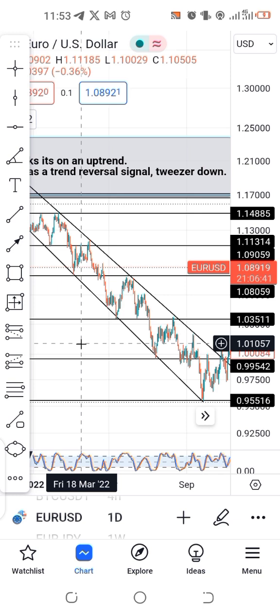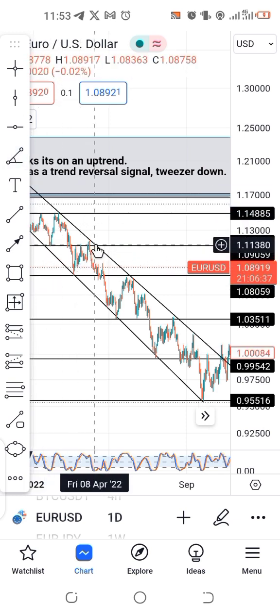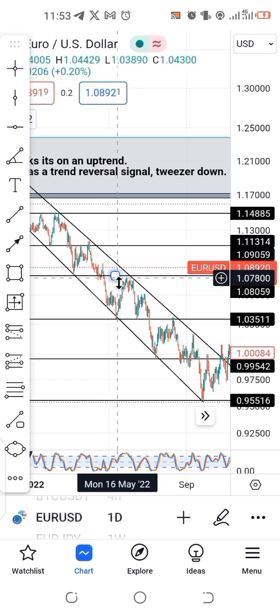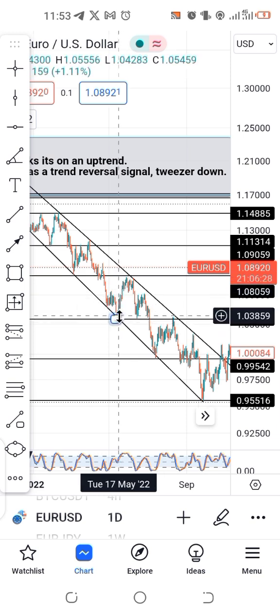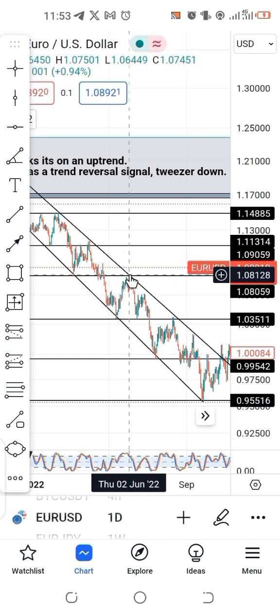You realize that sometimes price doesn't touch your resistance exactly as you expect it. At a certain point it will not get to exactly where you were expecting it, but sometimes it can come close to the zone.